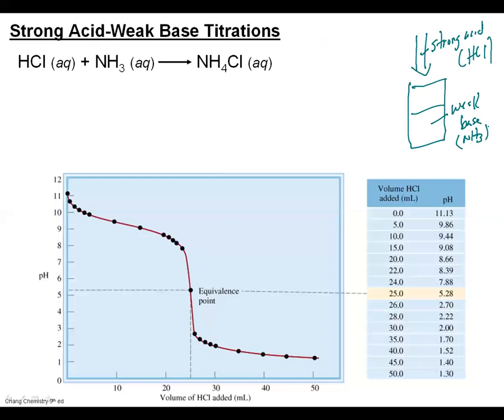Are you asking, instead of using the Henderson-Hasselbalch equation in the last example, using an ice table?